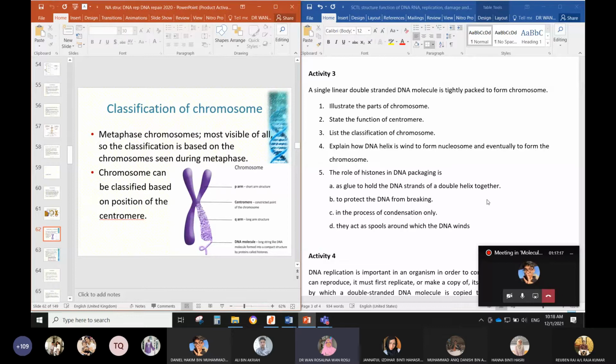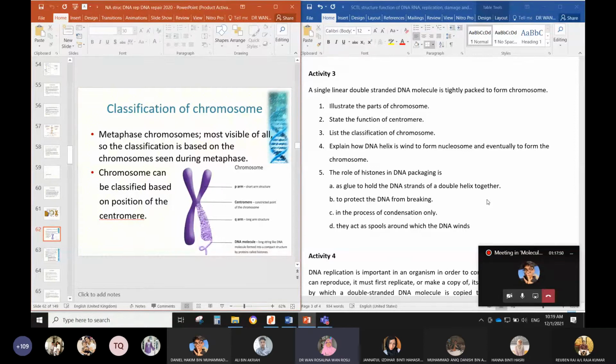So basically, this is just us making sense of the structure. Why do we have a P arm and Q arm? Usually, it serves like an address to a gene. How do you communicate to others the location of a gene? Usually we would say it is at chromosome 2, P arm, at certain bands.